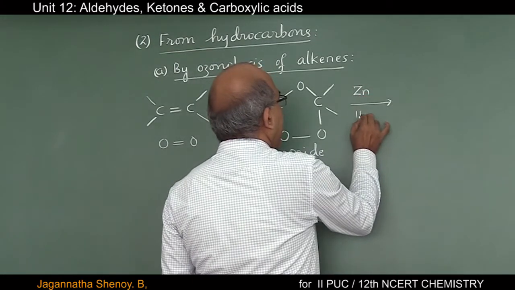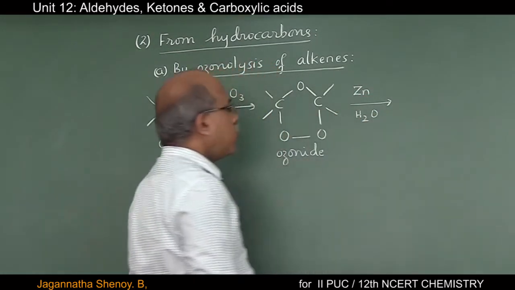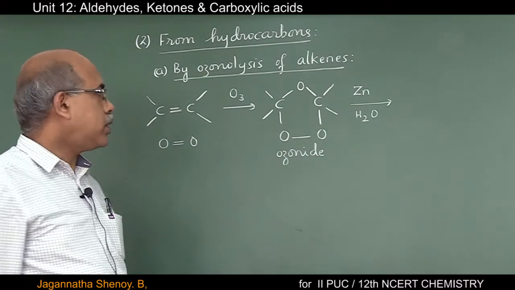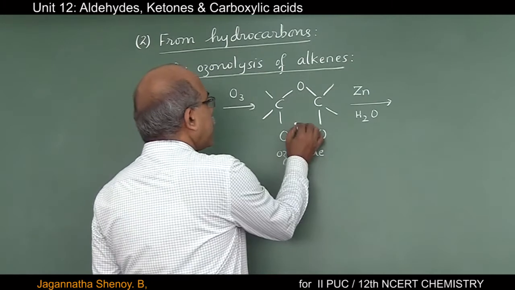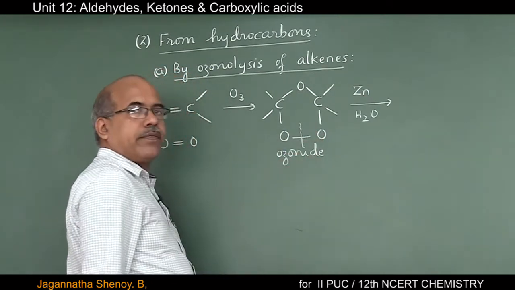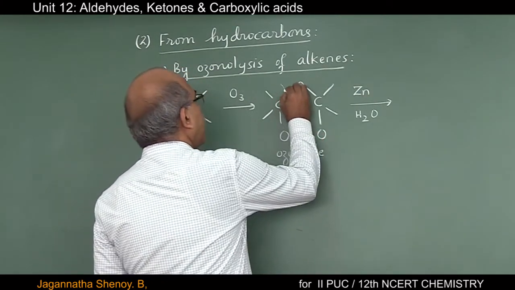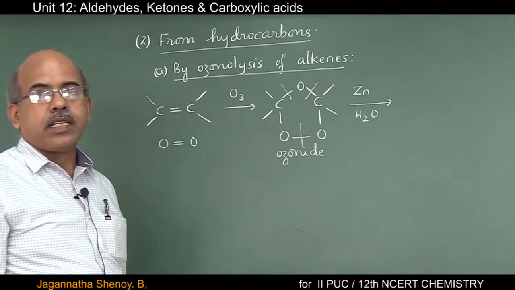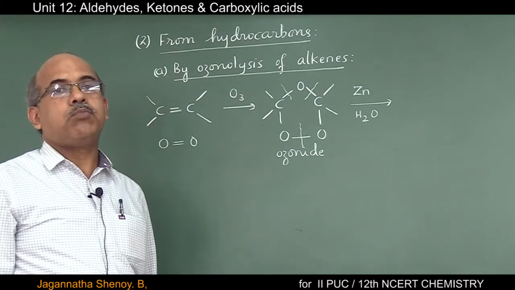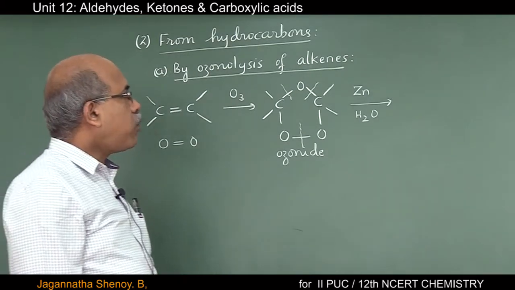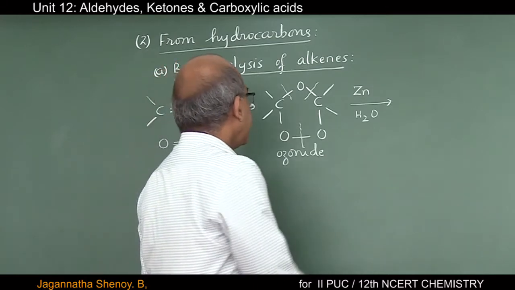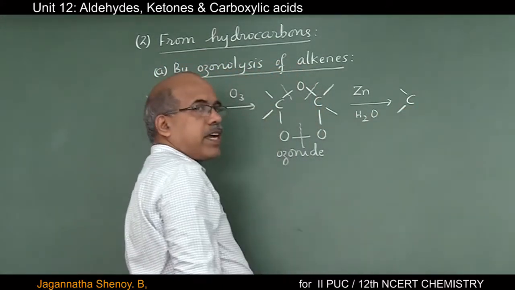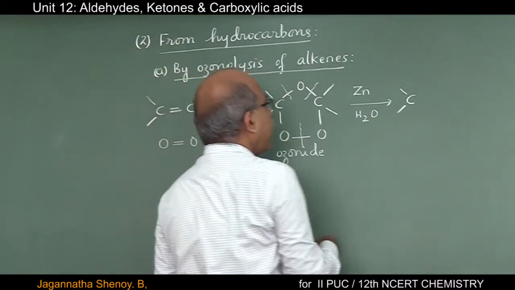You have Zn and water. This undergoes decomposition. So what way I can show the decomposition? This particular bond gets cleaved, and here this bond gets cleaved, and here again this bond gets cleaved. So these bonds are broken. Whenever these bonds are broken, what do we get? Here I have C with the two unsatisfied bonds, and here you have oxygen.